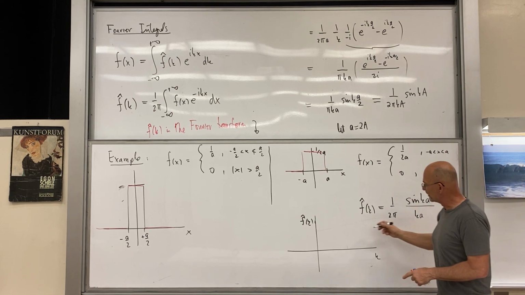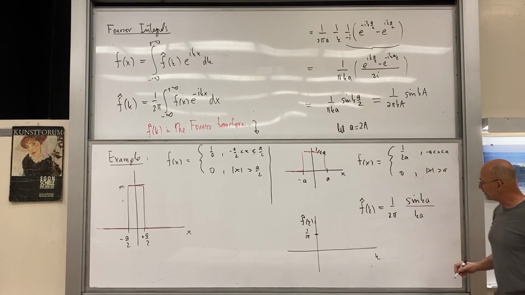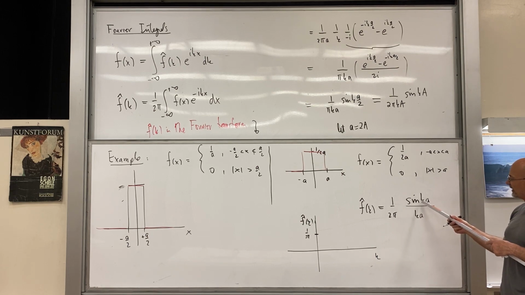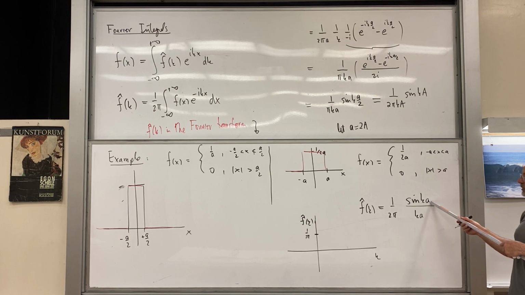So this peak is 1 over 2 pi. The first time the sine of k times a crosses the axis is when k times a is equal to pi.